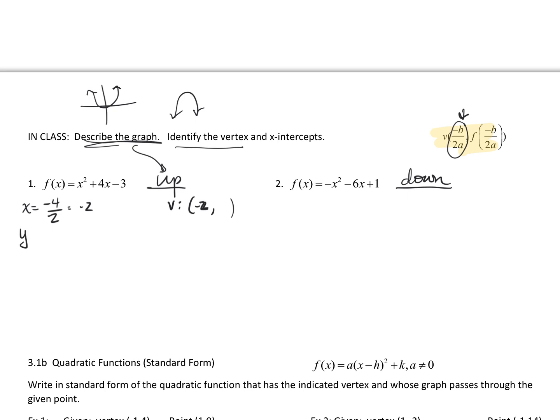To find the y value, I'm going to take that negative 2 and plug it into the equation and solve it. So negative 2 squared is 4, minus 8 minus 3, negative 7. Sound good? So there's my vertex.